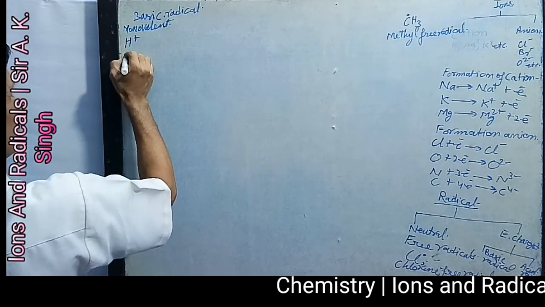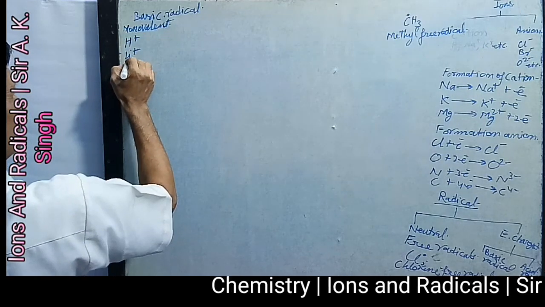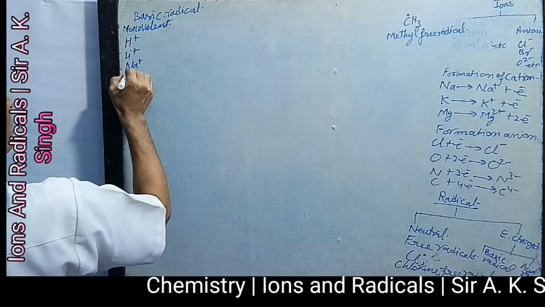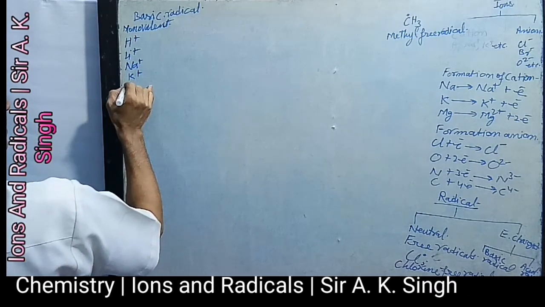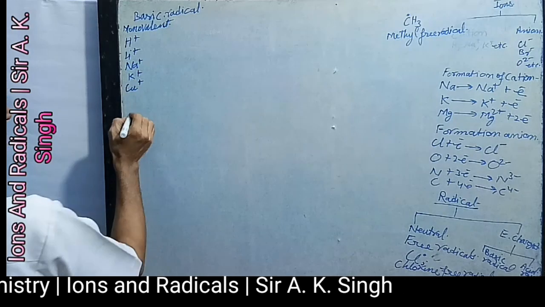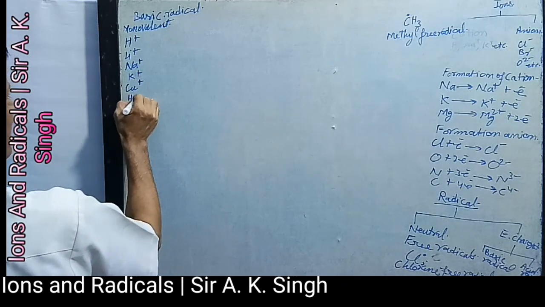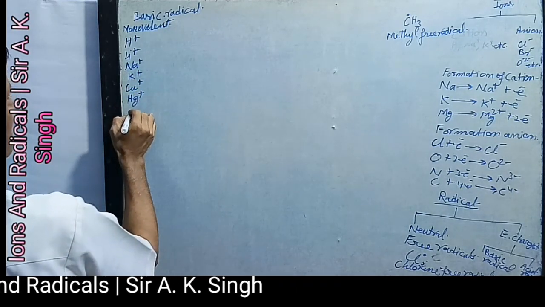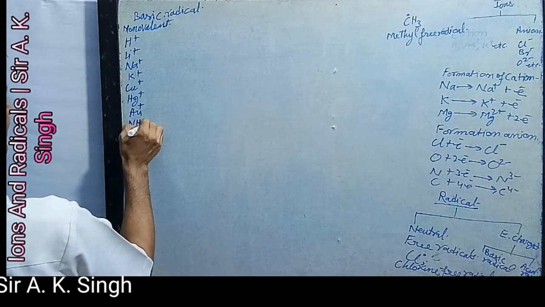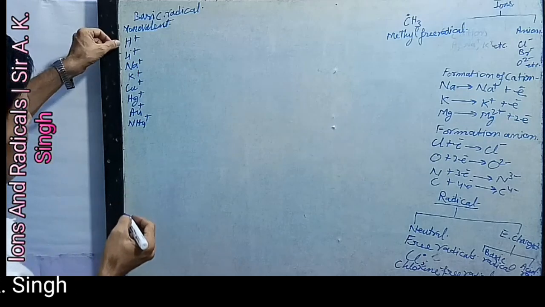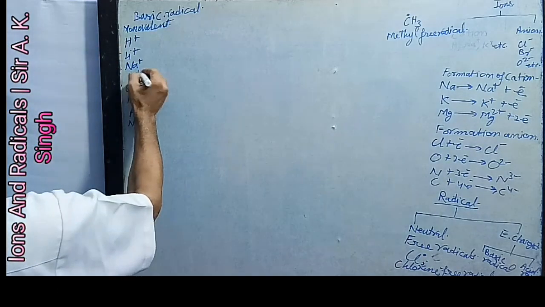Hydrogen ion, lithium ion, sodium ion, potassium ion, like that, cuprous ion, mercurous ion, or gold ion, ammonium ion. These carry only one positive charge.